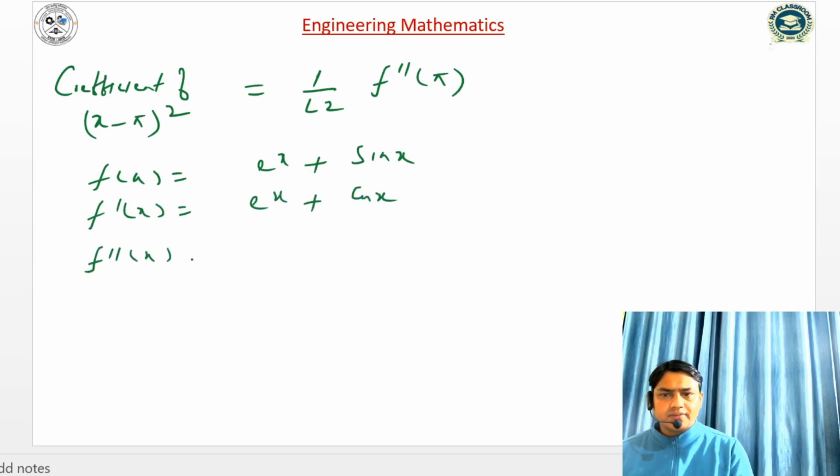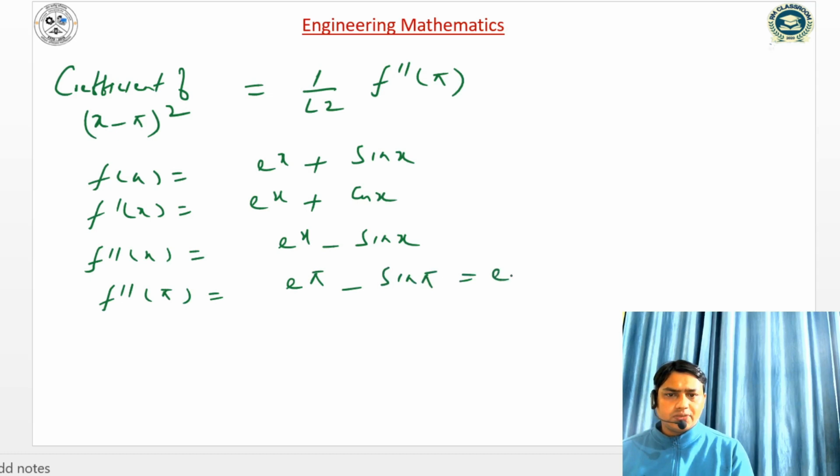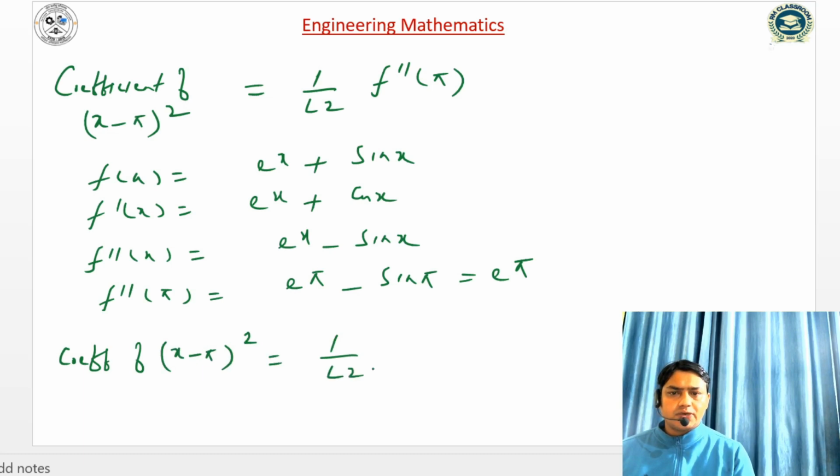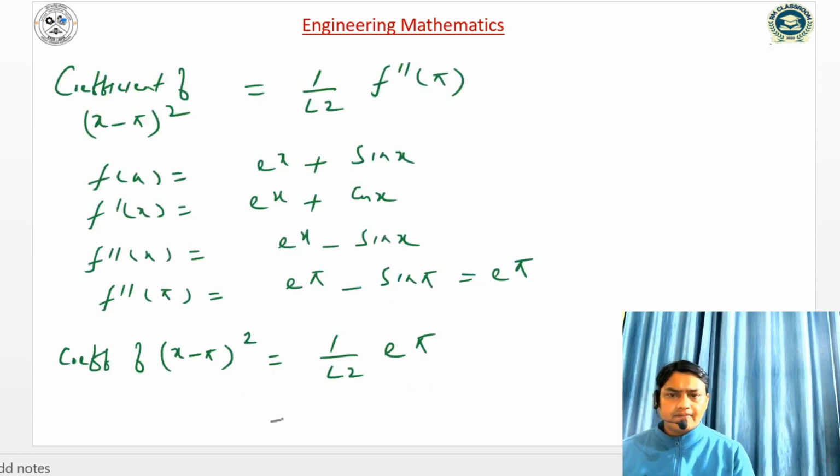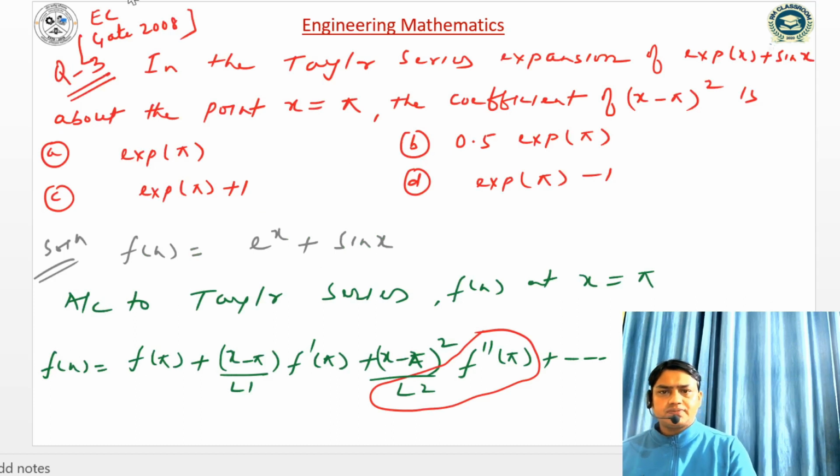F double dash (x) is e to the power x minus sine x. So f double dash (pi) is equal to e to the power pi minus sine pi. So it will be e to the power pi. So the coefficient of (x minus pi) whole square is equal to 1 by factorial 2 e to the power pi. So it will be 0.5 exponential pi. So option B is correct.